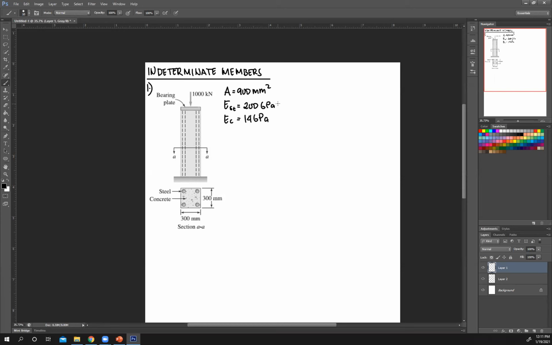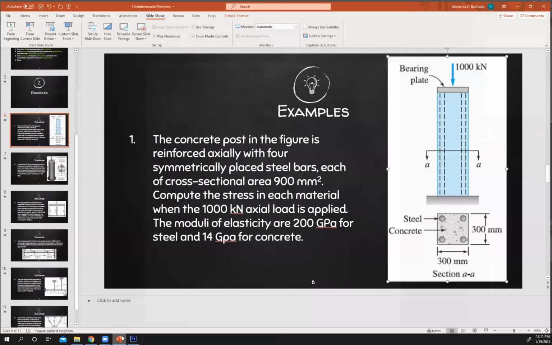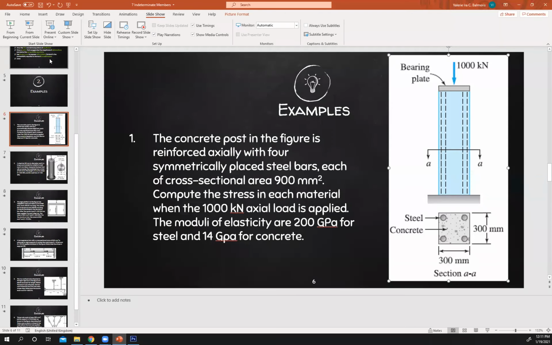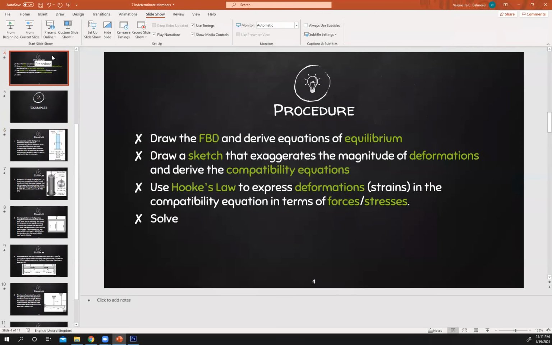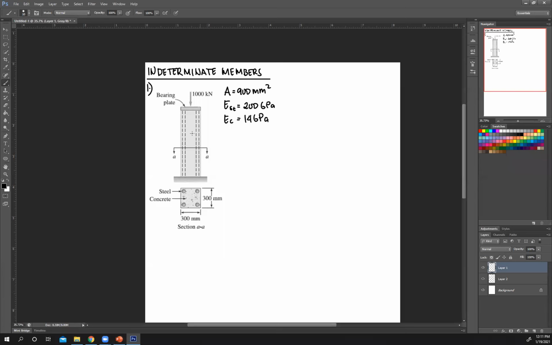Okay, so first thing here is draw your free body diagram. Alright, so draw your FBD. So this is pretty simple. So you have this bearing plate here.